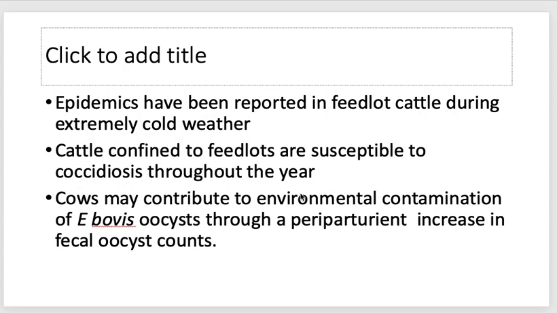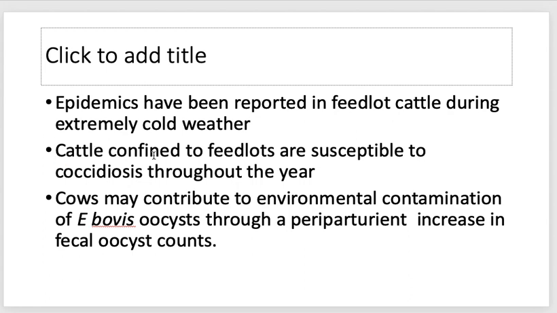So epidemics may happen, and in most cases, these epidemics have been reported in feedlot cattle during extreme cold weather. Most of the epidemics of coccidiosis occur during cold weather in feedlot cattle, which are in confined areas.